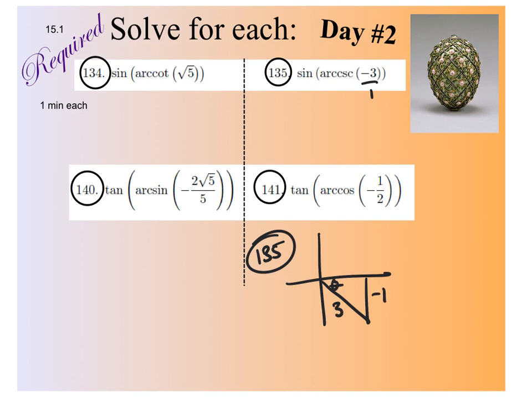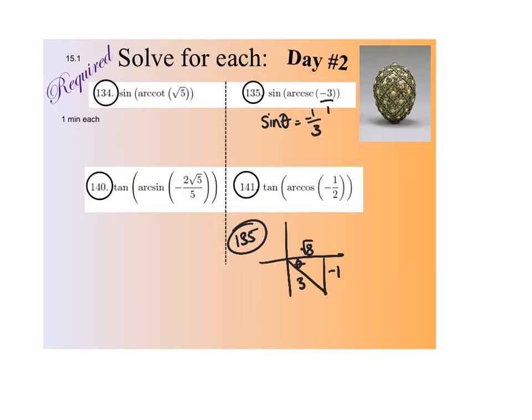And I'm going to make that 1 a negative. And then I need to figure out that missing side. I feel like we just did that set of numbers. I think that's the square root of 8. And then from that drawing, I need to figure out what the sine of theta is. I think the sine of theta is going to be equal to opposite over hypotenuse, -1/3. Okay.